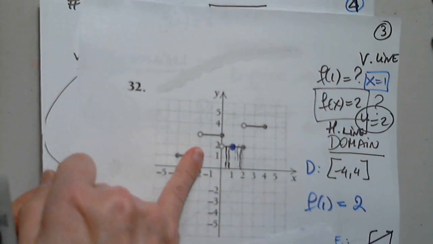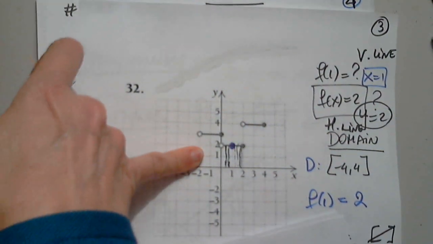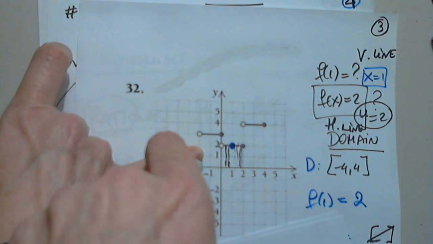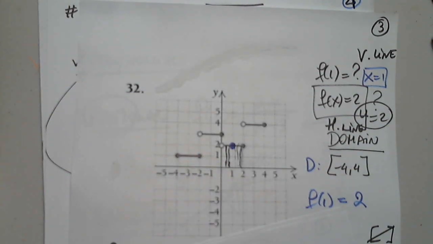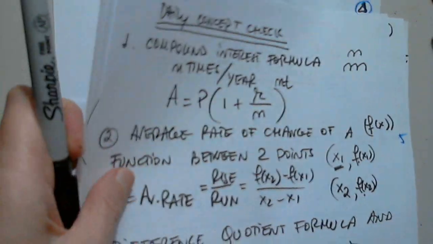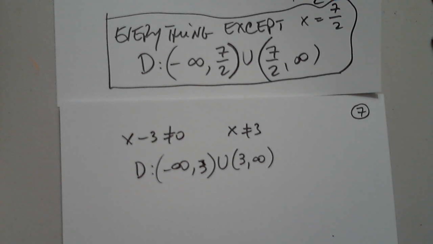If this piece were not there, I would have said the domain is between -2 with an open parenthesis till 4. If we did not have this piece, correct. Good. So it's between -1.